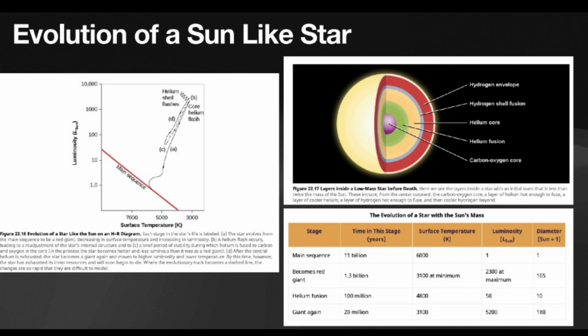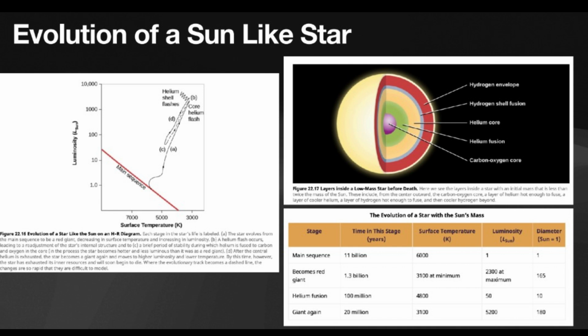Surface temperature, or any temperature in space, is always measured in Kelvin, whereas here we use Fahrenheit or Celsius depending on where you are. It's just easier to measure, but that's how they do it. And the luminosity is 1.